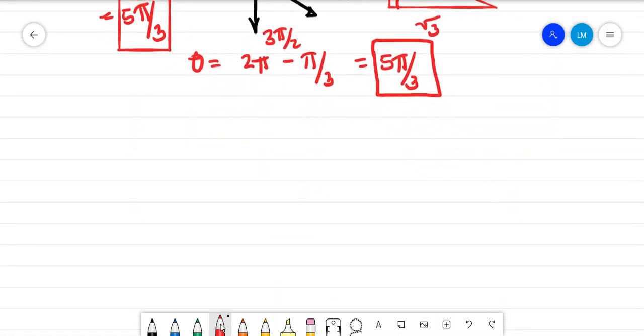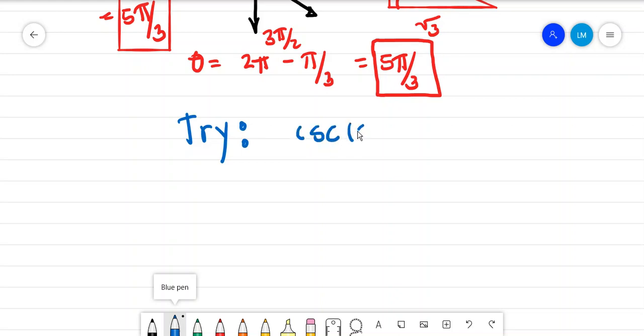What I would say is, go ahead and try whenever you have the cosecant of s equal to positive 2/3 root 3, and we'll say that s is somewhere between pi over 2 and pi.